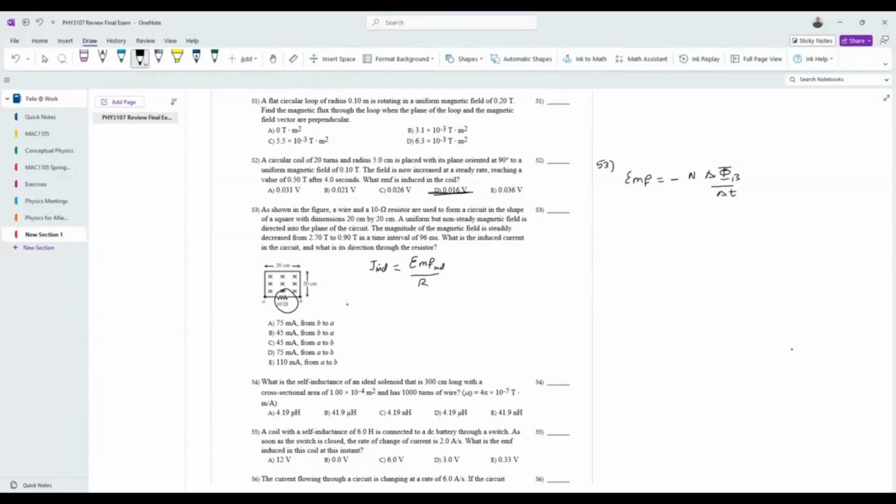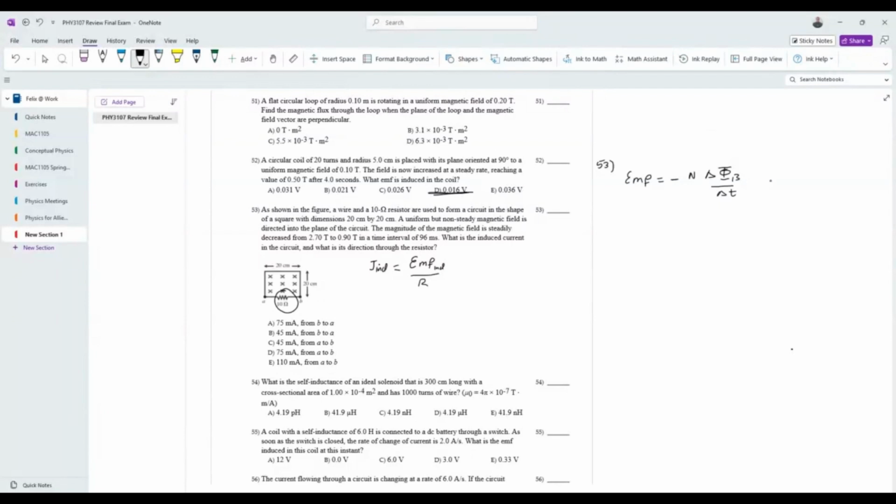We know that in this case, again, the magnetic field is perpendicular to the plane of this circuit with the shape of a square.